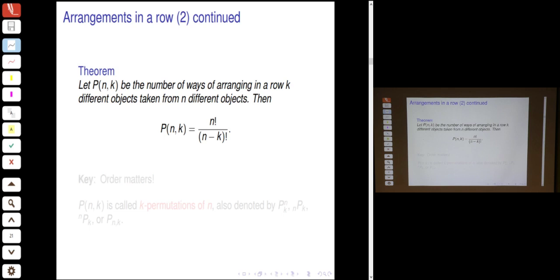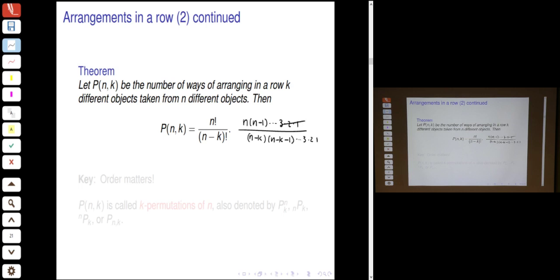This looks a bit difficult if this is the first time you see a factorial. But it's very easy to see that the top is n times n minus 1 dot dot dot times 3 times 2 times 1. The bottom starts from n minus k, then you keep subtracting 1, and dot dot dot 3, 2, 1.